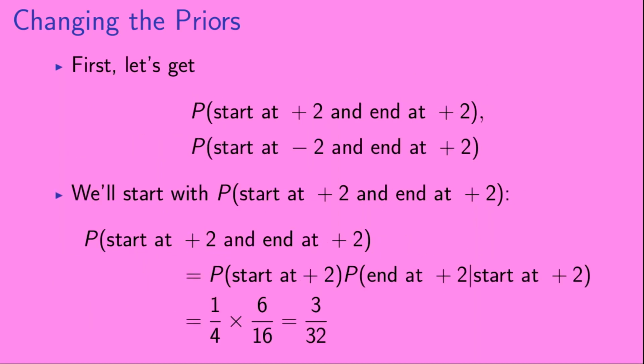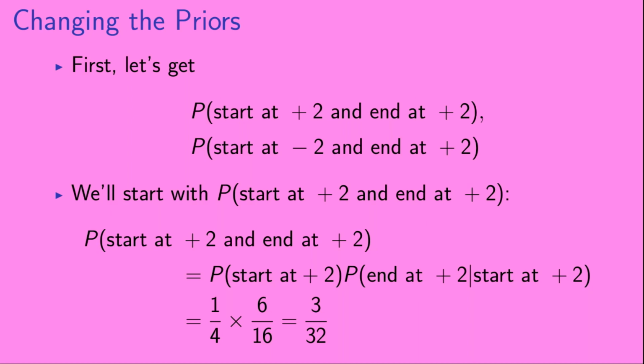Okay, first let's get the probability that the object starts at plus 2 and ends at plus 2, and the probability that it starts at minus 2 and ends at plus 2. We'll start with the probability that the object starts at plus 2 and ends at plus 2. This is equal to the probability that it starts at plus 2 times the probability that it ends at plus 2, given that it starts at plus 2.